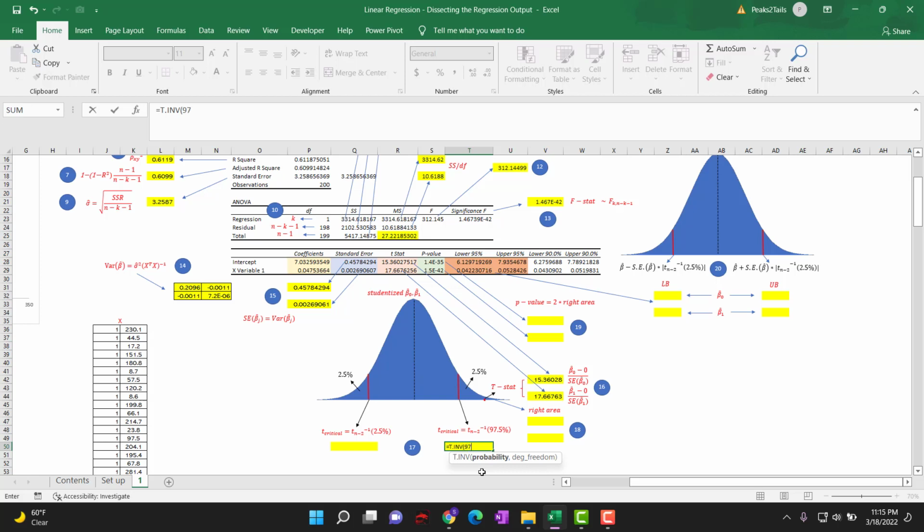So let's use that, 97.5%. And the T distribution has one additional parameter, which is the degrees of freedom. Here, the degrees of freedom would be n minus 2, which is n minus k minus 1 basically, and here k is 1, so we have n minus 2. And this is the number of observations, 200 minus 2.